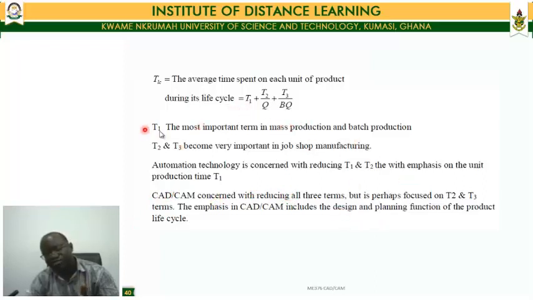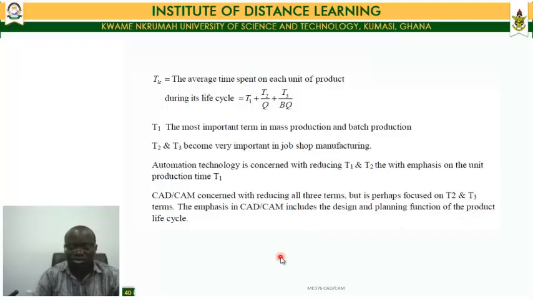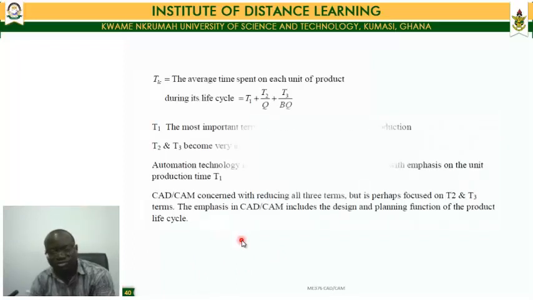You notice that T1 could be exclusive to automation, but T2, setup, by using CAM systems, and T3, design, by using powerful CAD software, you can actually reduce T2 and T3. So in the total product life cycle, automation is more looking at T1 and T2, and CAD/CAM is also looking at T2 and T3. Right, so this is what we wanted to show here.